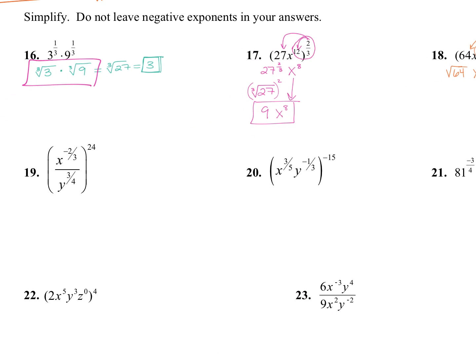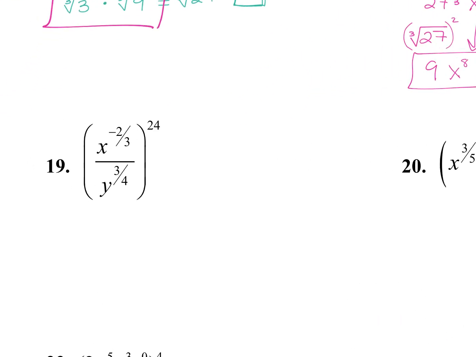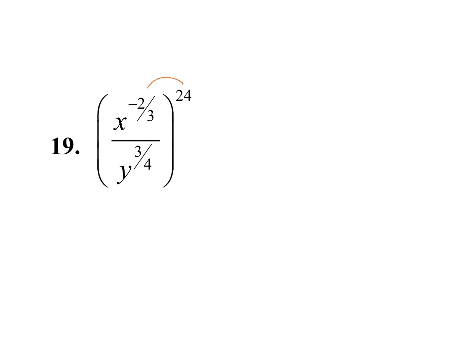All right. 19. This one also, you're going to distribute. So take that 24 and multiply both of those things by 24. So you get x to the -2/3 of 24. Anyone know? -16. And then 3/4 times 24 is going to be y to the 18th.